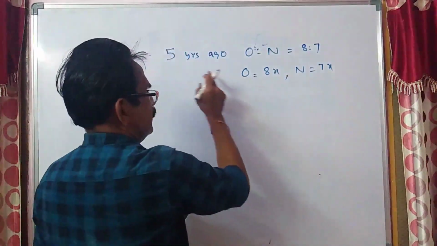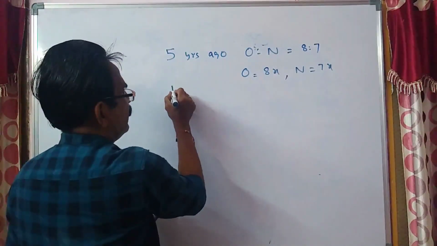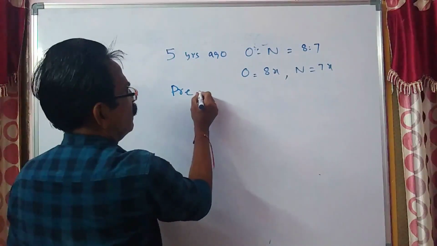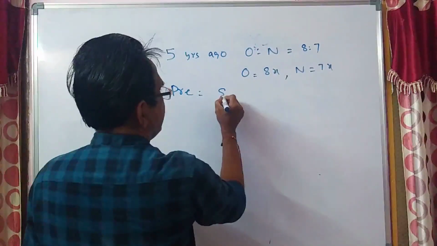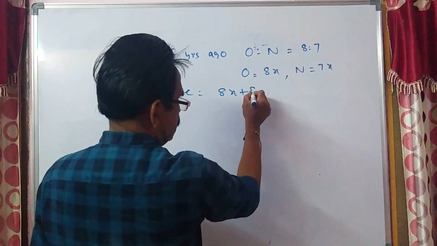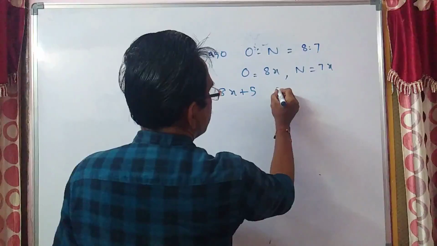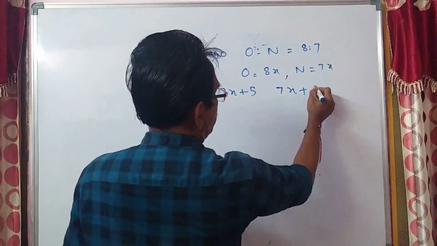These are the ages 5 years ago. Then what are the present ages? O is equal to 8x plus 5, N is equal to 7x plus 5.